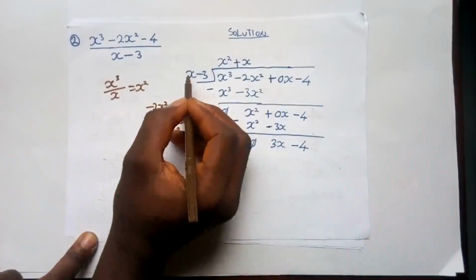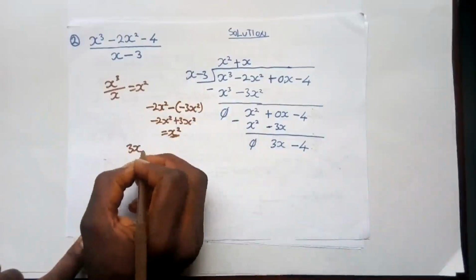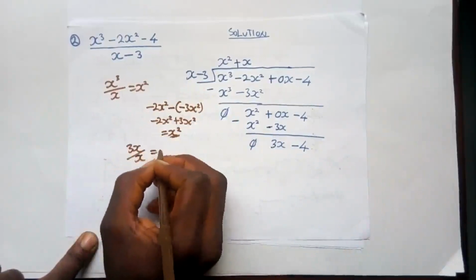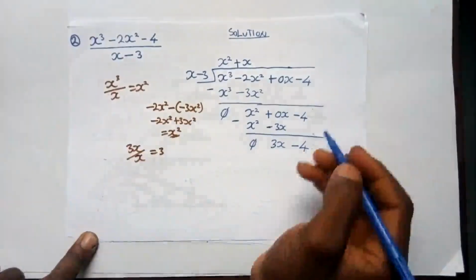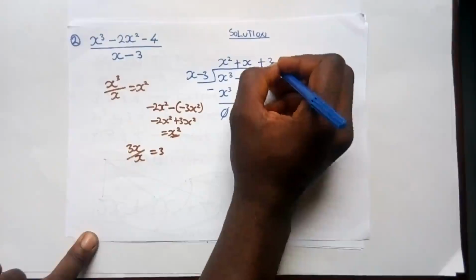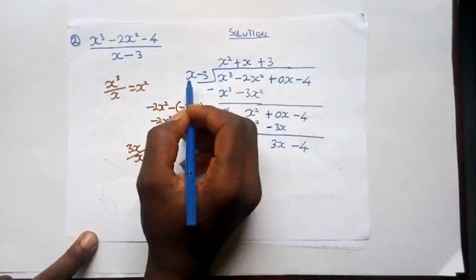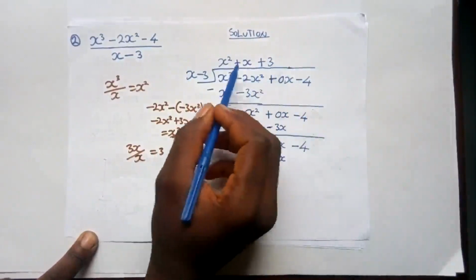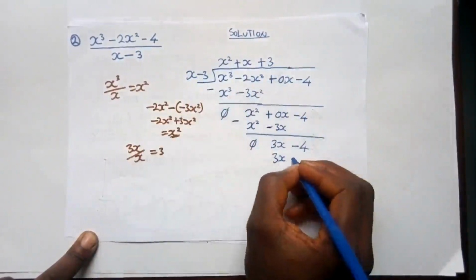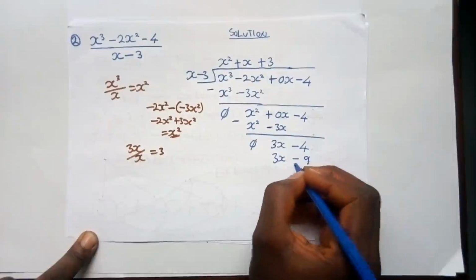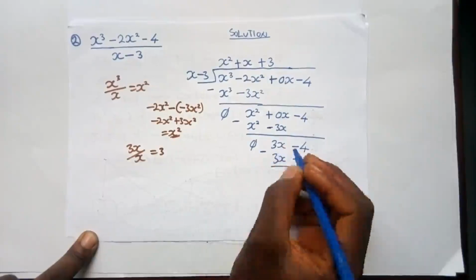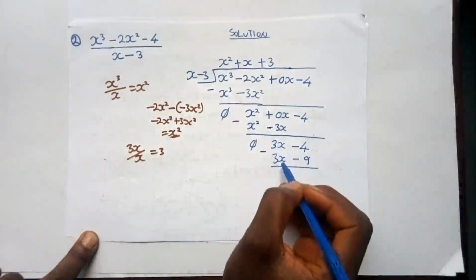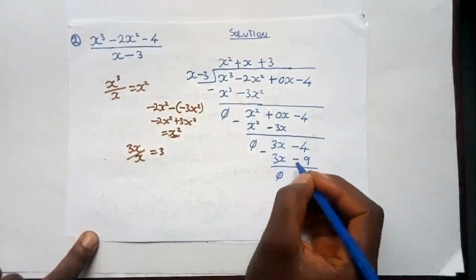3x divided by x, you have 3. That's positive 3. 3 multiplied by x gives us 3x. And 3 multiplied by minus 3 gives us minus 9. So 3x minus 3x gives us 0.